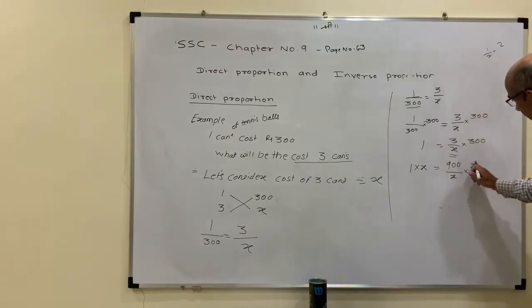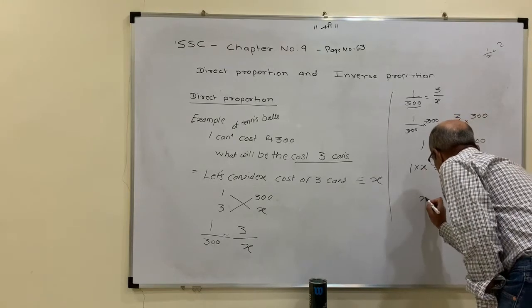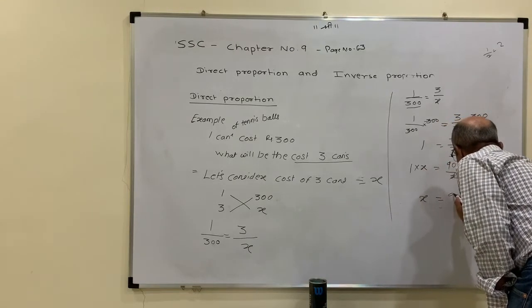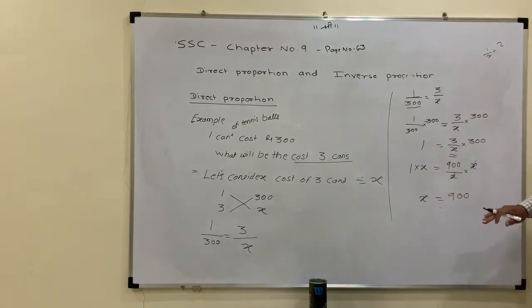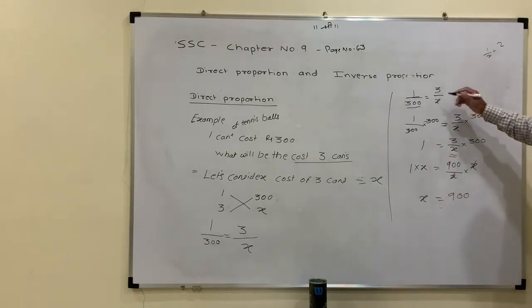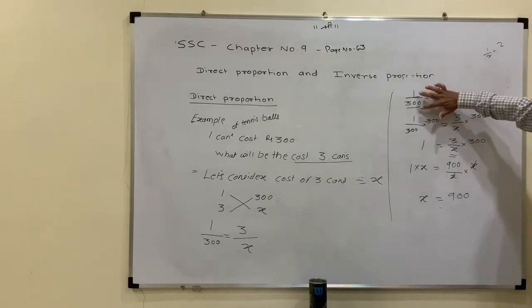So now this x is gone, 1 into x is x, equals 900.